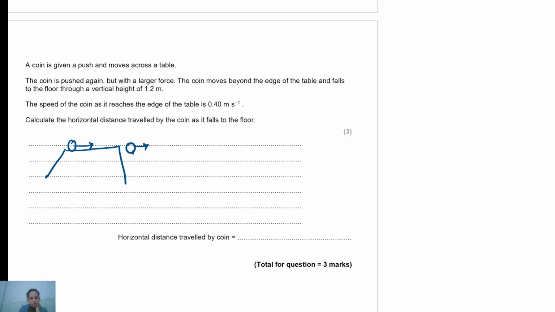So it drops. Now, because it drops through a vertical height of 1.2 meters, I'm just making the diagram here. This is how your coin drops. While dropping down, it travels a distance of 1.2 meters. The speed of the coin is 0.4 meters per second. So it leaves the table at a speed of 0.4 meters per second, and then it drops down.